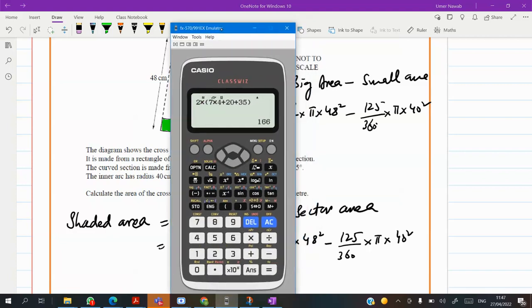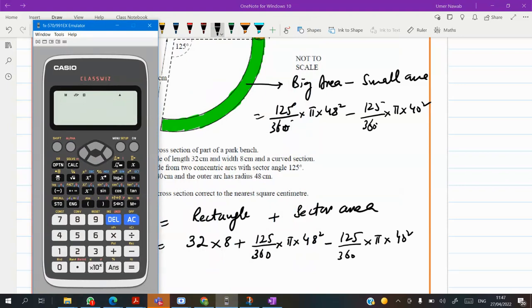Now the job of the calculator starts because we have written the full expression. 32 times 8, the area of the rectangle, plus 125 over 360 times pi times 48 squared minus 125 over 360 times pi times 40 squared.